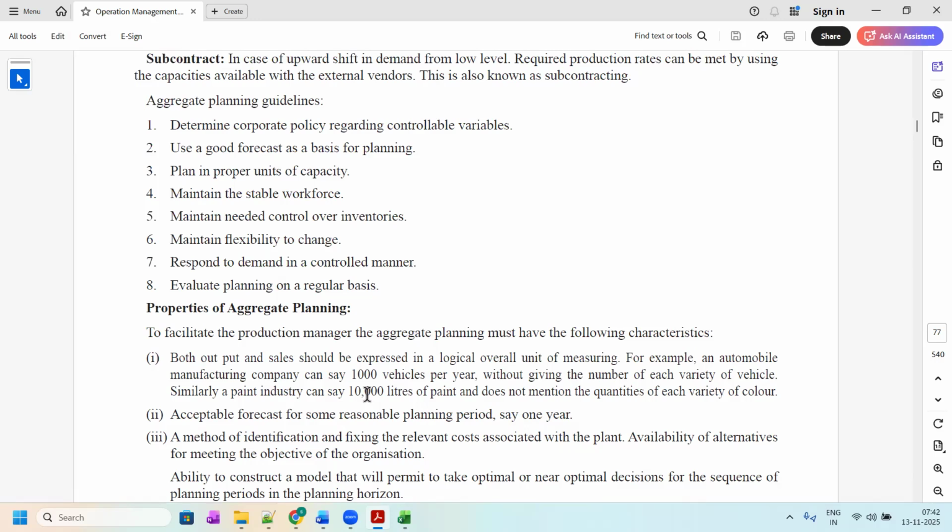When you have those corporate policies, you know which parameters and variables are controllable for you. If you have that list of variables, then you know your guidelines, your restrictions, your zone of working.